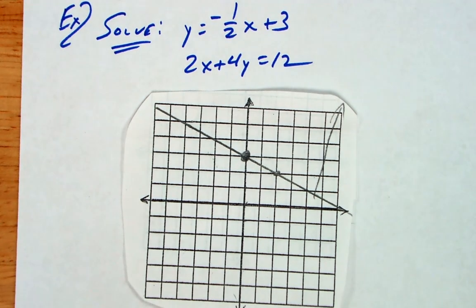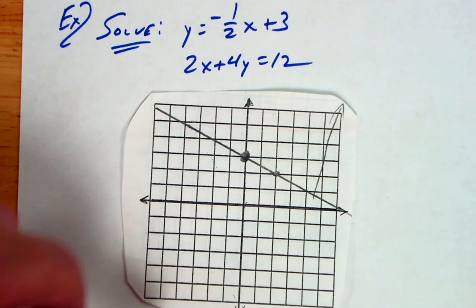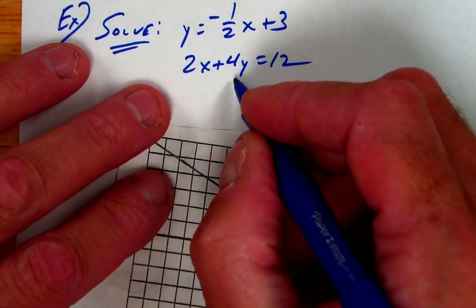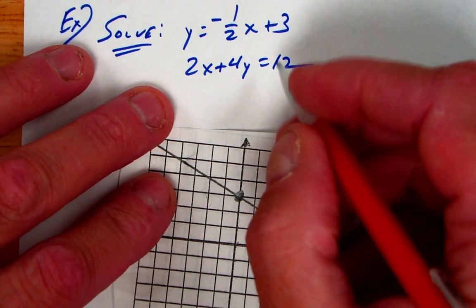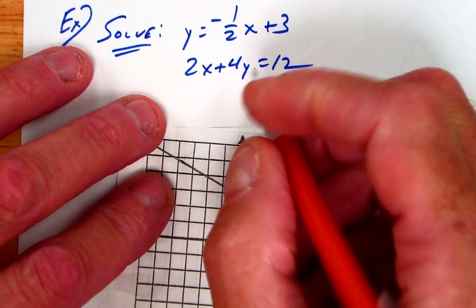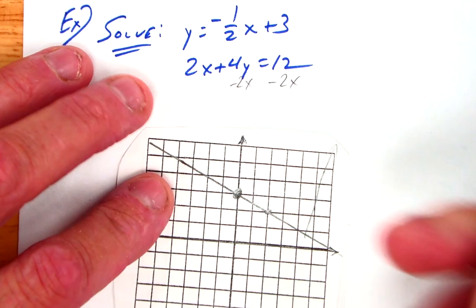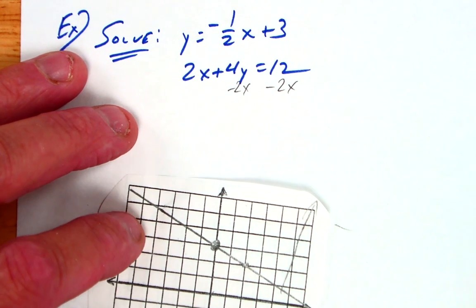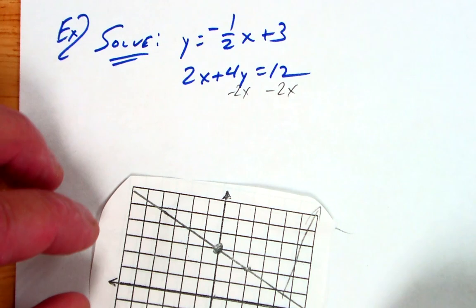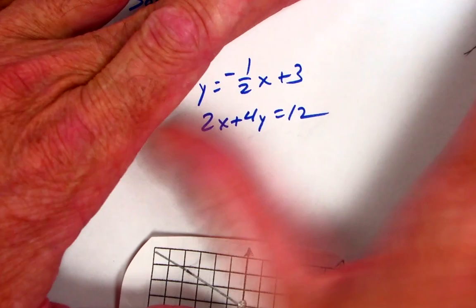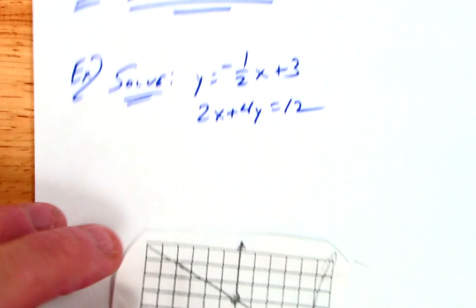Okay, next one. Minus 2x. You only get y on one side, so subtract 2x from both sides.